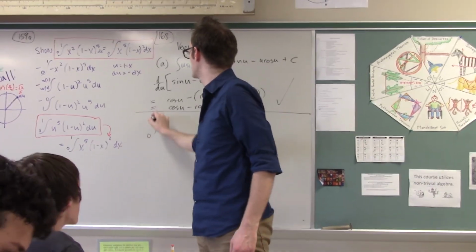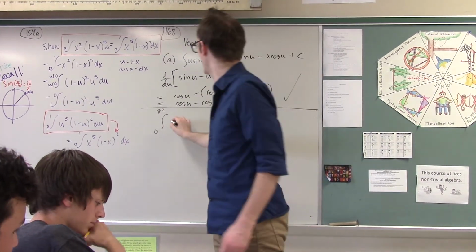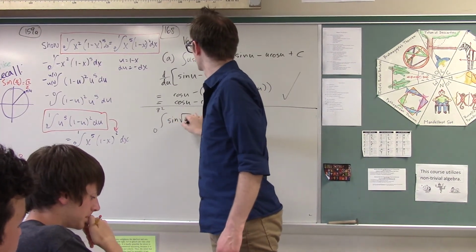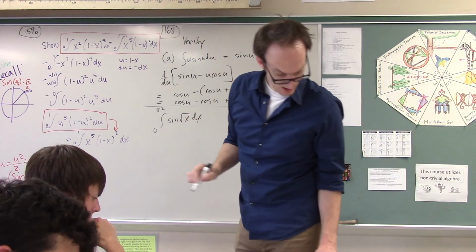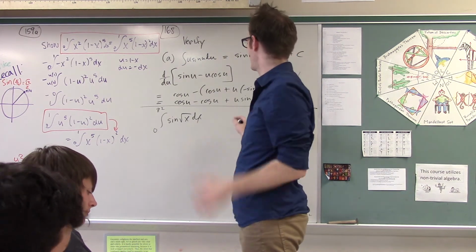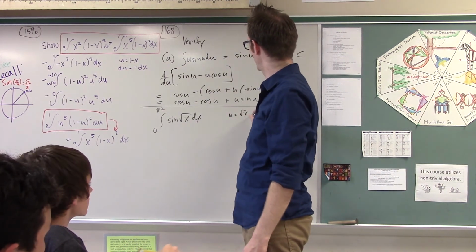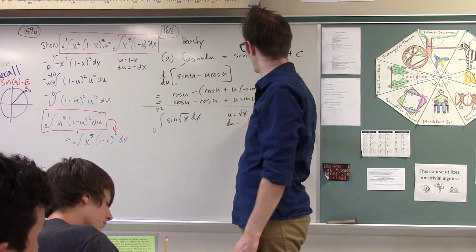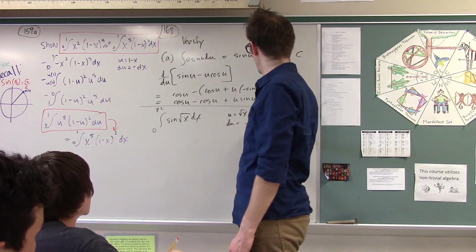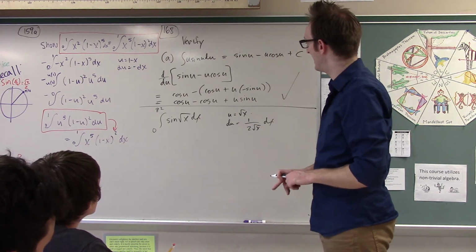The integral from 0 to pi squared of sine root x dx. Okay, how can we do this? Well, I'm not sure. Let's let u be root x. If I let u be root x, then du is 1 over 2 root x dx. Agree? Yeah.